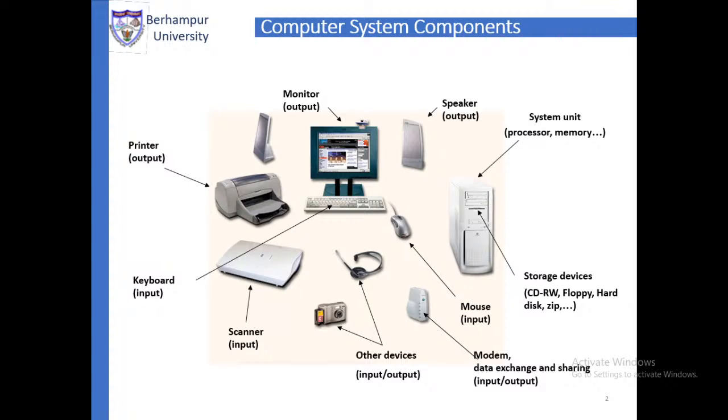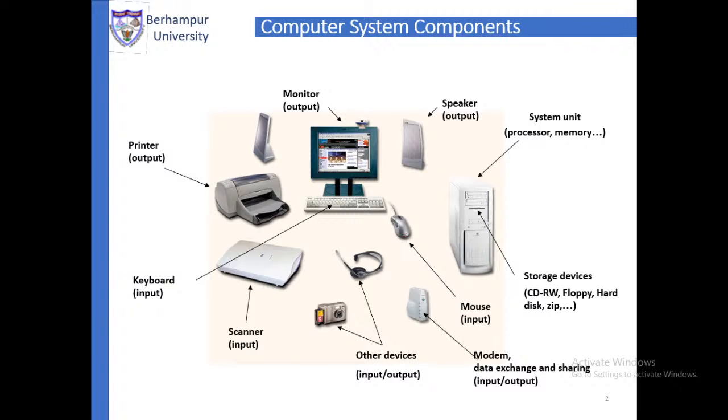Now there are many devices which are connected to the computer. These devices are divided into 2 categories: input devices, through which the computer receives data for processing, and output devices, through which processed data comes out from the computer. As I told you, the basic input unit is the keyboard, and the output unit is the monitor.